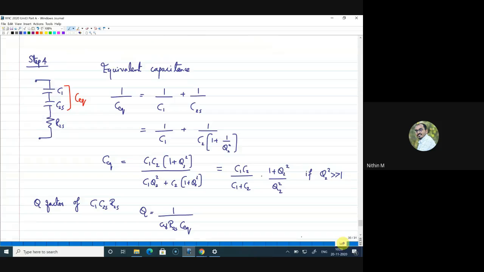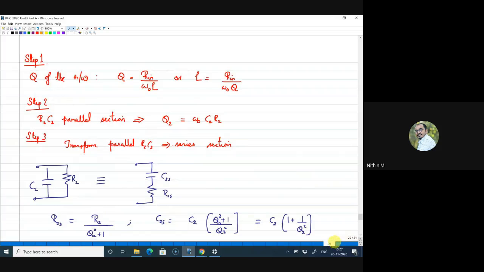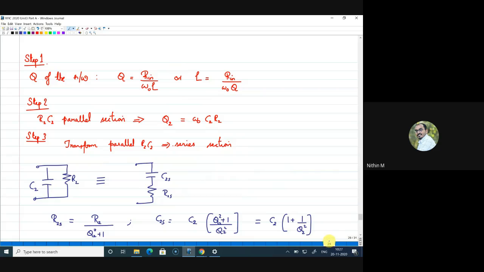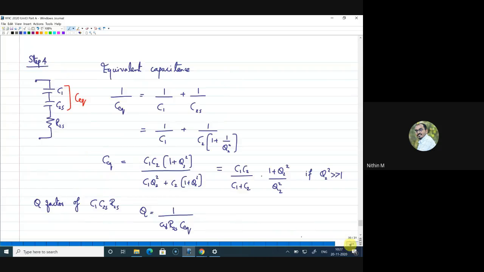R2S is basically, I think we have written that here. All right, yeah, correct.